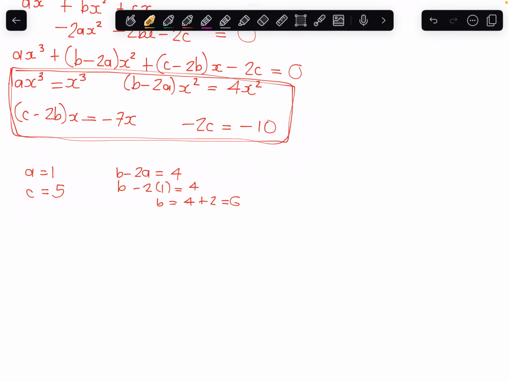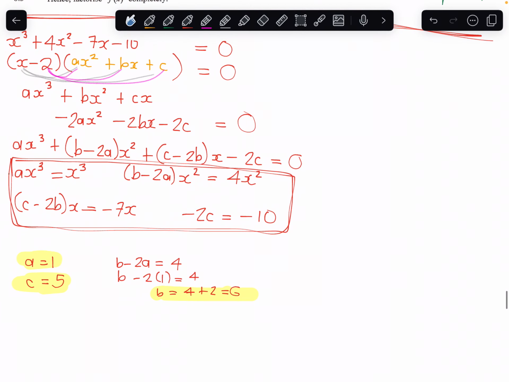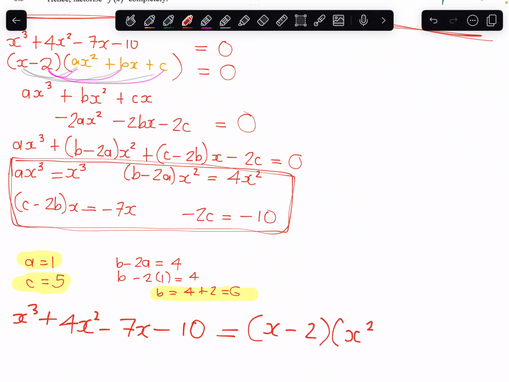Okay, so now let us use the information that we just found to finish factorizing our expression, right? So we have figured out now that x cubed plus 4x squared minus 7x minus 10 is in fact the same as x minus 2 times x squared plus 6x plus 5, right?